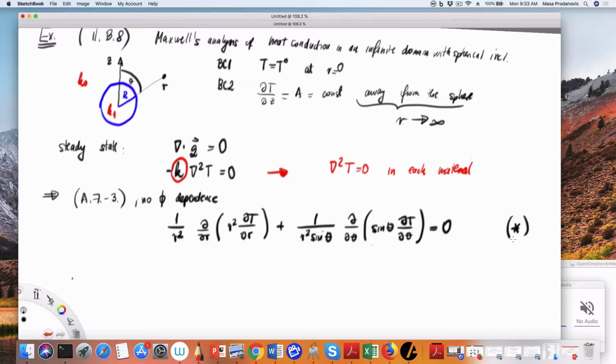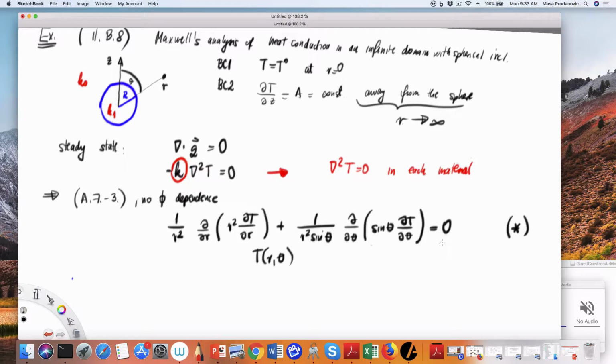So no, T is T of r and theta. So I can't really kill any of these terms. But what I can do is look at the boundary conditions and see whether I can simplify. My first one says T is T0 at r equal to 0. That doesn't really tell me all that much.